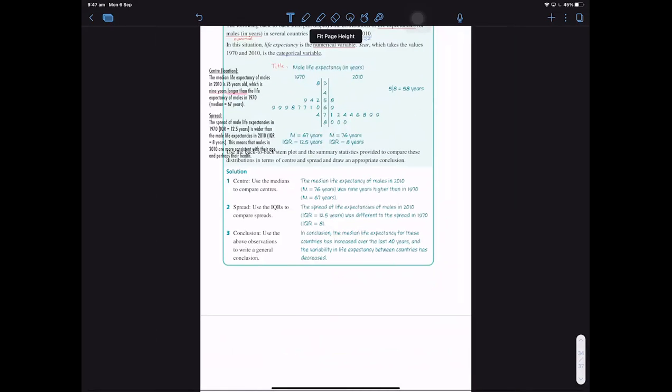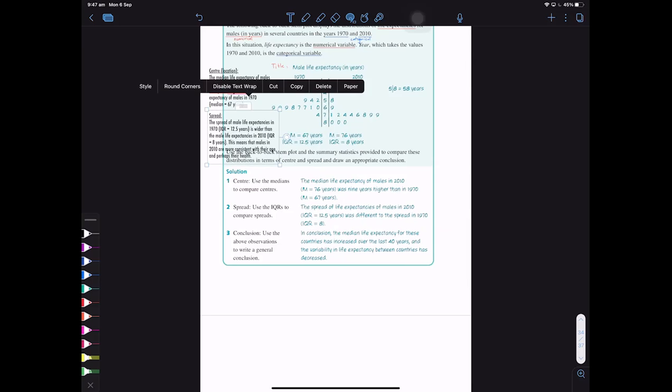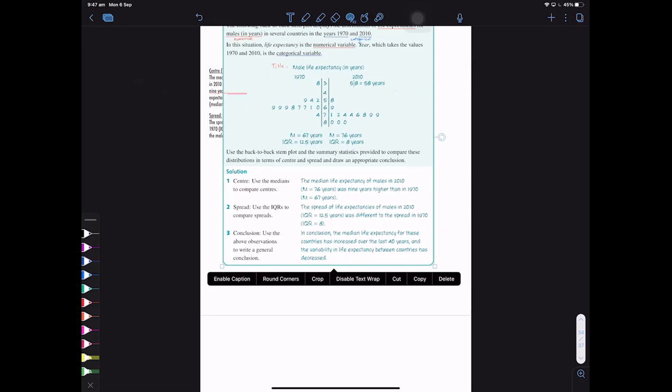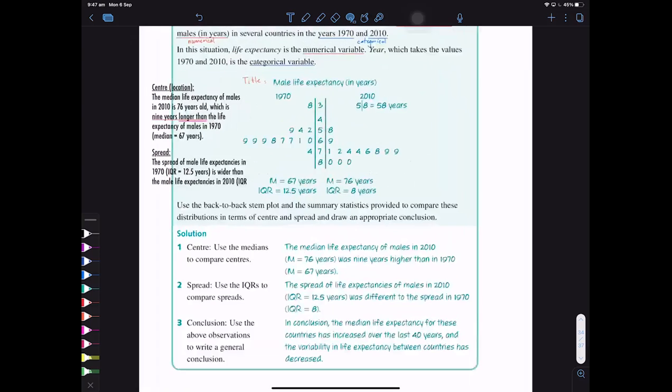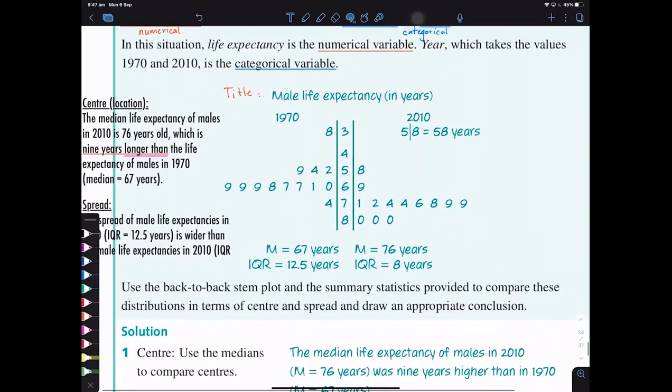Okay. I'm going to take both of these ideas and we're going to compare our ones with the one that they provided.